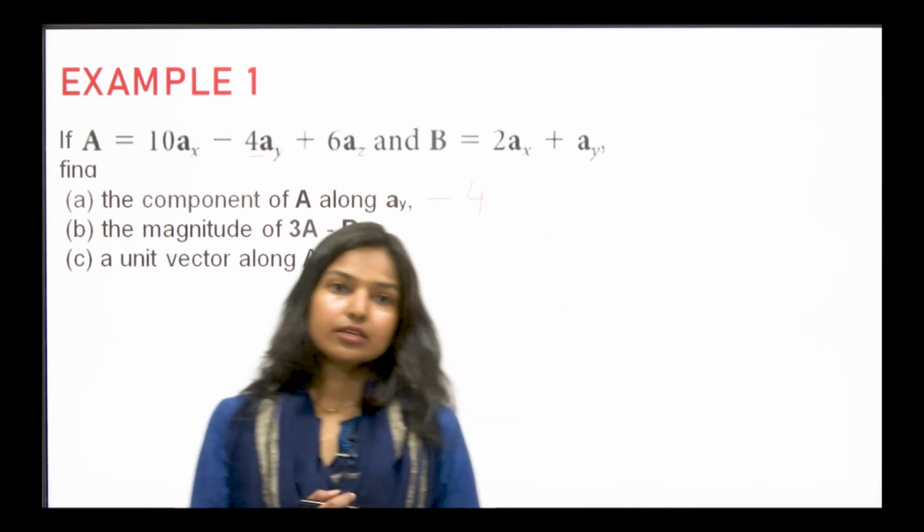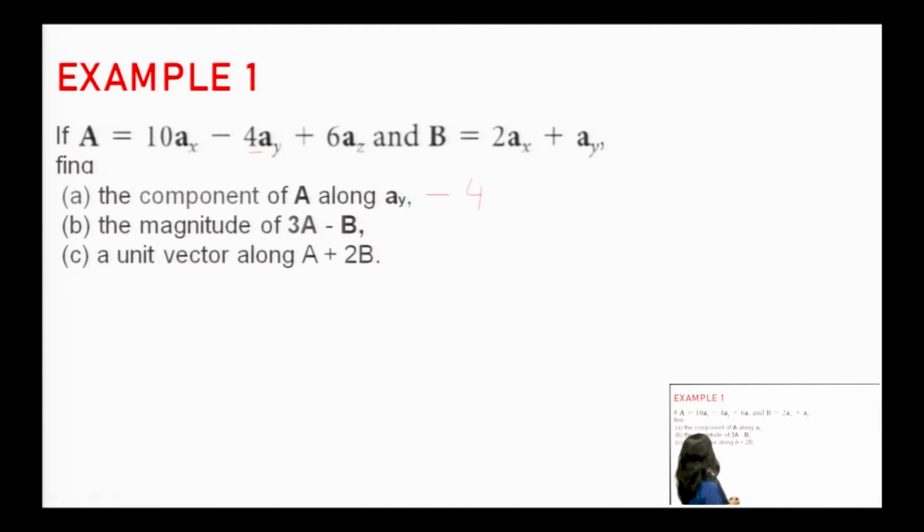Now in the second one we need to find the magnitude of 3A minus B. Now 3A means that we need to multiply the vector A by a scalar 3.